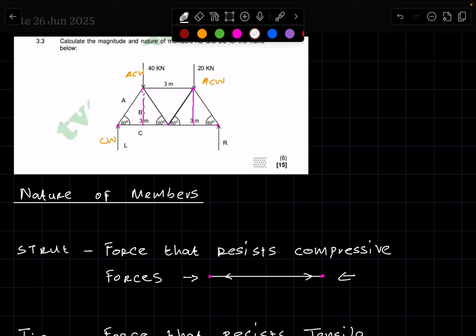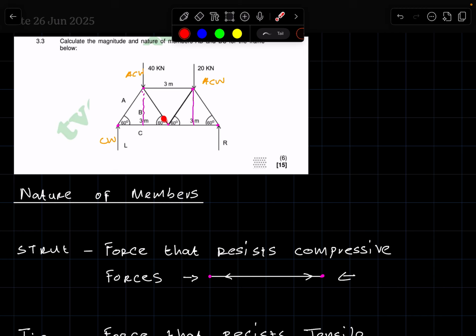Once that has been determined, you now can calculate the magnitude of L using the law of moments. Now here you've been given this distance and this distance. That's 3, and from here to here is also 3, meaning from L to R is 6. Now what about from where this force is acting to R? We know that's 3, but what is this distance? Now you look at the kind of triangle that your members are making.